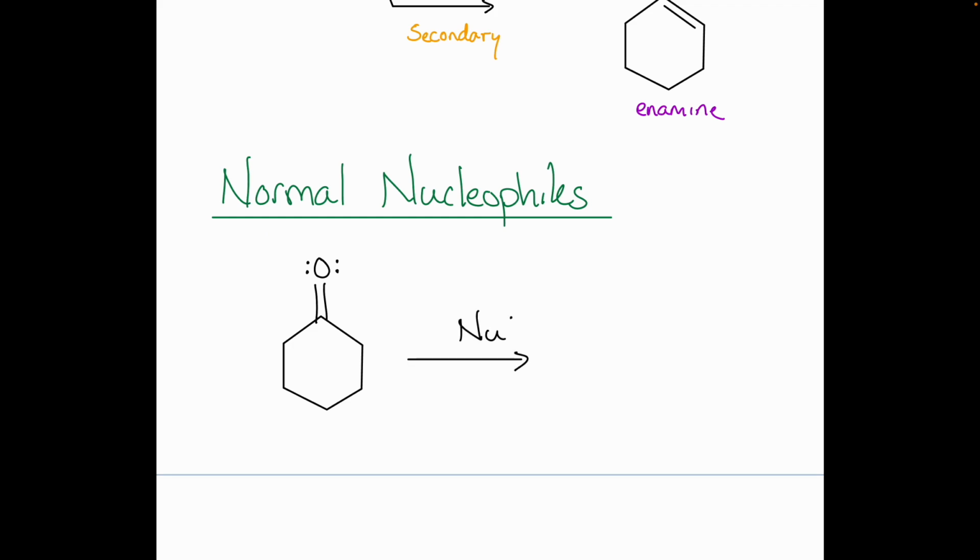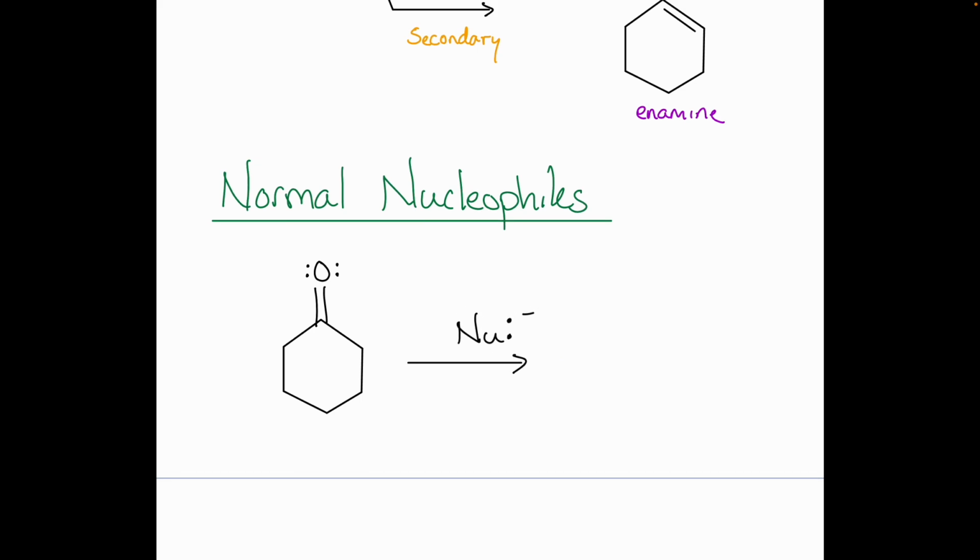Depending on our nucleophile, we would either have our mechanism be under acidic or basic conditions, but in terms of our product, it doesn't make a difference. In either case, acidic or basic conditions, we would just get our simple nucleophilic addition product. All right, where that carbonyl oxygen has stuck around as a hydroxyl group.